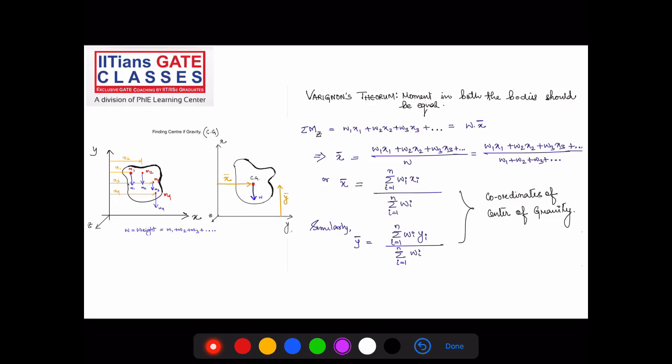So if you are taking moment about z-axis for system 1, it will be w1 x1 plus w2 x2 plus w3 x3 plus w4 x4, and so on. And if you take the moment about z-axis for system 2, it will be w into x bar. W is the force downwards and x bar is the perpendicular distance.